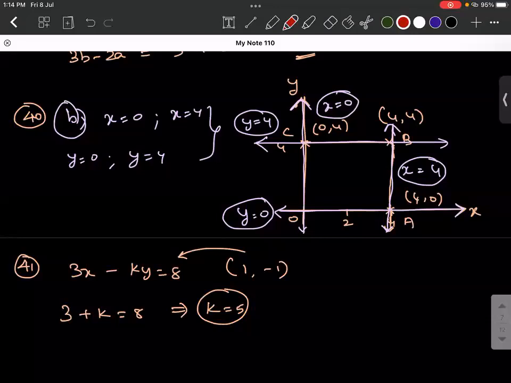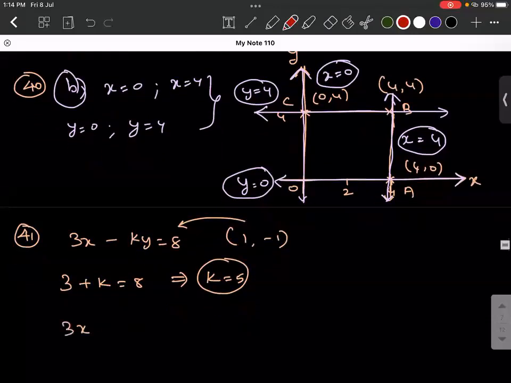And if that is the case, then I should have 3x minus 5y is equal to 8. That will become the equation. Okay. Now we need to check what are the other points that are satisfying. Look at the options and solve it. So the first one, 6 minus... that is satisfying, no?